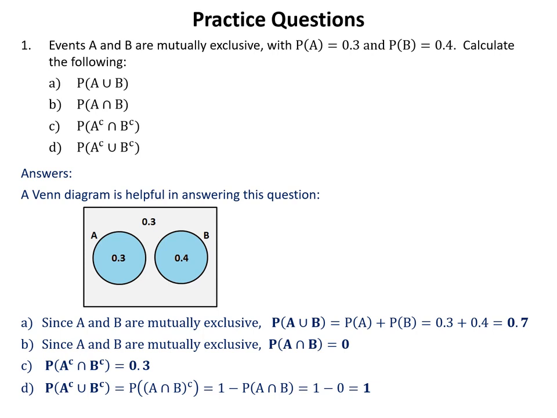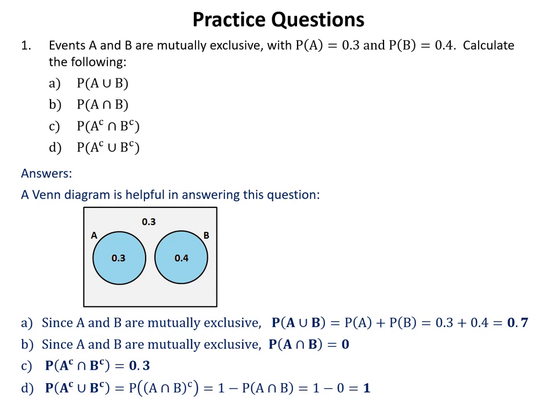So one valuable approach here is to use the idea of the complement, which are the rules where if you apply a complement to a set of brackets, it makes all of the pieces inside opposite. So if we look at A complement union B complement and take the opposite of all of those, which is A intersect B, then we're looking for the probability of the complement of A intersect B.